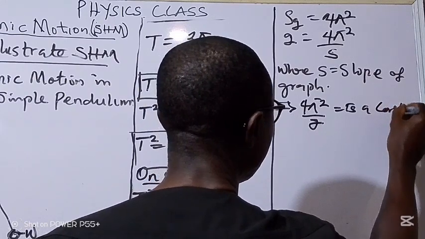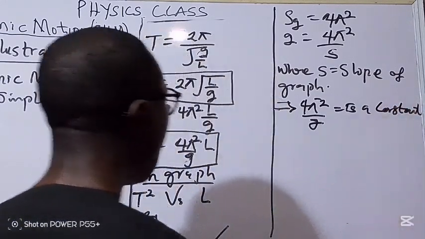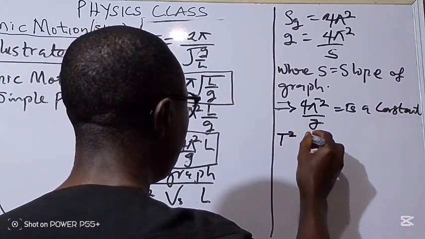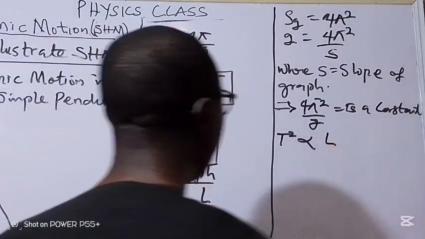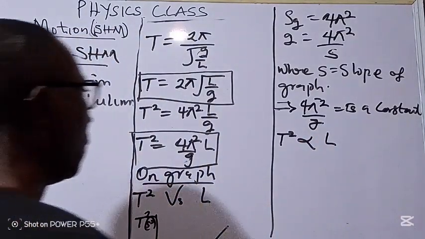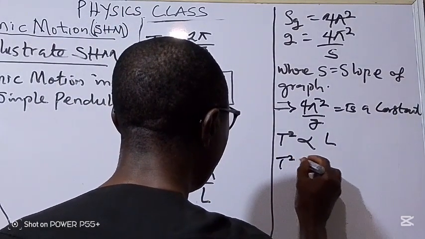Then t squared is directly proportional to L, where t squared is equal to KL.